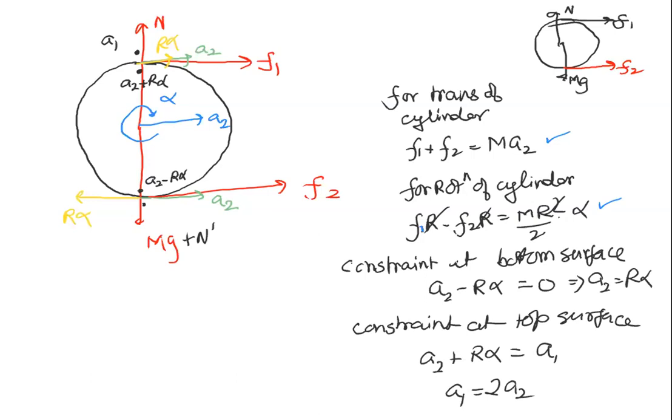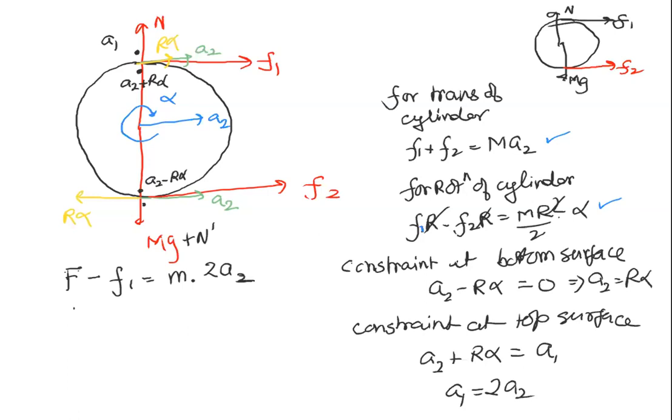Very good. Now let's solve. So we have capital F minus F1 is equal to small m into A1, but I don't want to write A1. I will write 2A2.